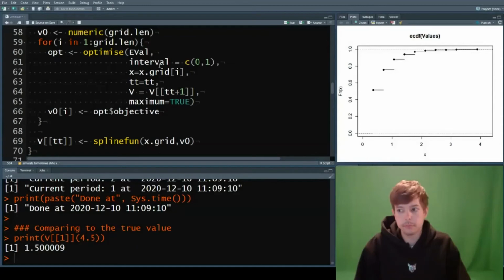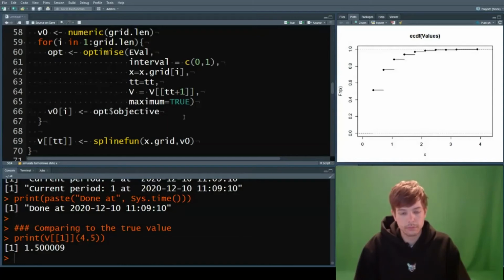So basically, just for you guys to see, instead of having this first order condition, the computer just picks one value, calculates the optimum, stores that, goes on, and already plugs it into the value function.